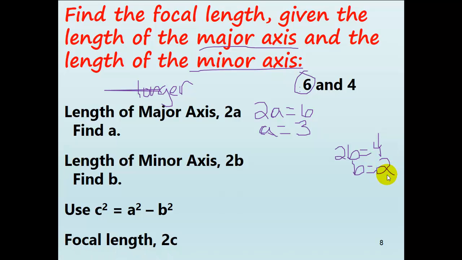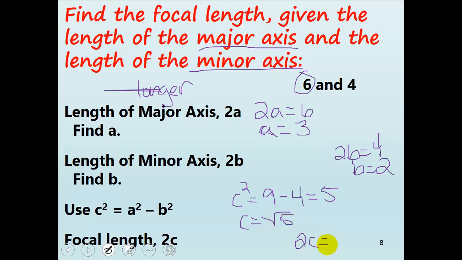And so now we're going to use C squared equals A squared minus B squared. So I have C squared is equal to 9 minus 4, which is equal to 5. So C is equal to the square root of 5, and 2C is equal to 2 times the square root of 5.